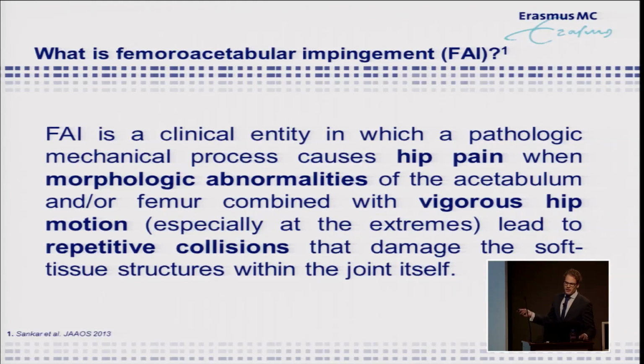When there's hip pain with morphological abnormalities, and those can be located on either the acetabular side or the femoral side, combined with vigorous hip motion, that's the 3rd important part, that leads to repetitive collisions of the bony morphology within the hip joint, and that might damage the soft tissues within the hip joint. And we came up with this definition in a consensus meeting 2 years ago.